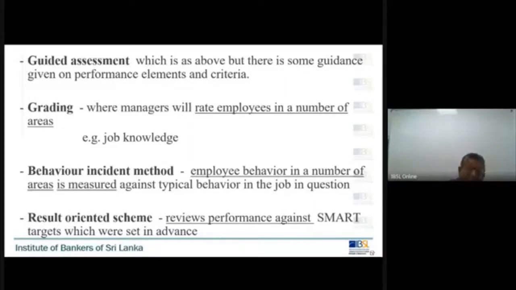So these are result oriented schemes. So there are many ways a manager can evaluate you. These are some techniques, but don't worry much about this. You need to understand how we are going to measure your performance by your supervisor, right?